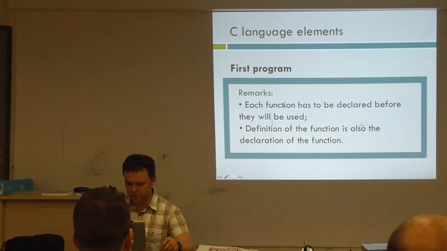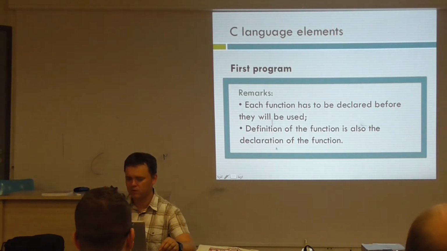The most important thing is that each function has to be declared before it is used. So the declaration is before the definition, and the declaration is before calling the function.